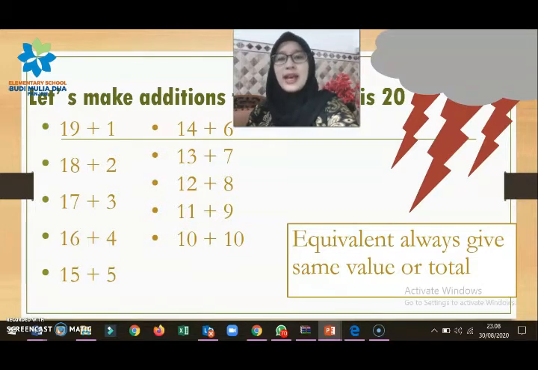Nah, artinya penjumlahan-penjumlahan itu adalah ekuivalen. Mereka punya nilai yang sama atau jumlah yang sama. So, we can say that equivalent always give same value or total. Jadi yang namanya ekuivalen itu hasilnya akan selalu sama nilainya atau jumlah totalnya sama.